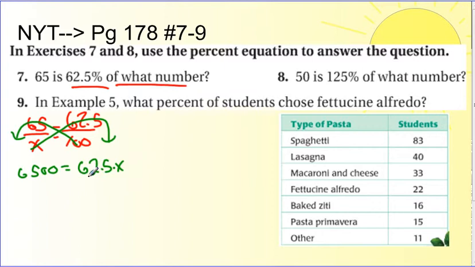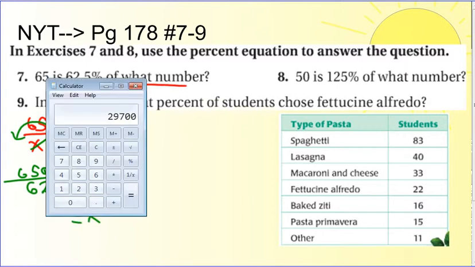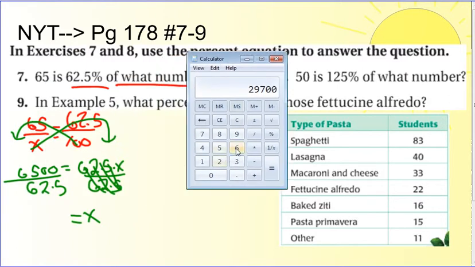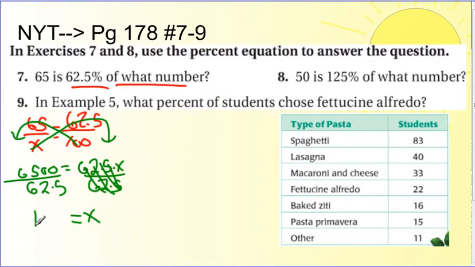To solve this, we divide by 62.5 on both sides. These cancel out. We get x equals 6,500 divided by 62.5, which equals 104. That was number 7.